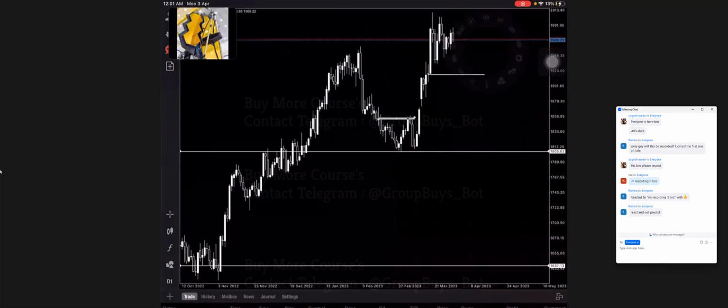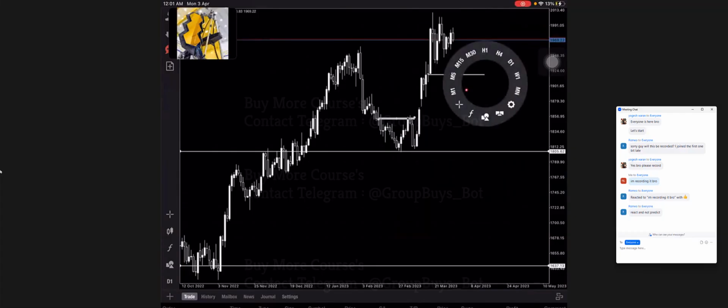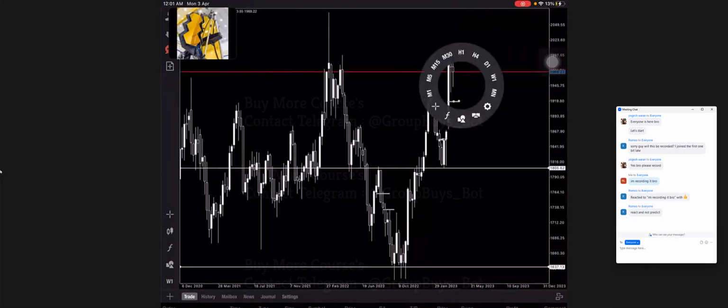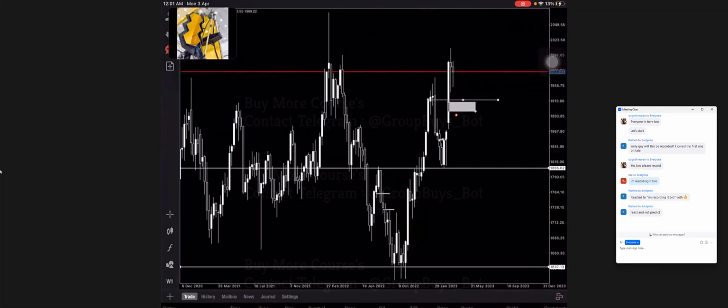For example, you mark the area, the weekly resistance, right? That's the upper one, the first one. So we look at the daily.